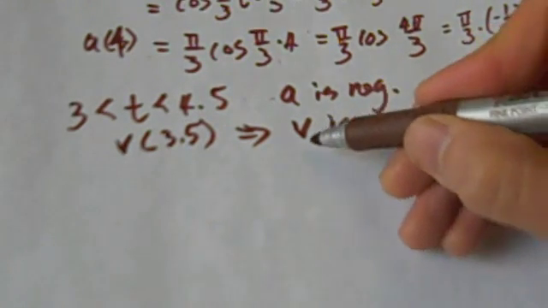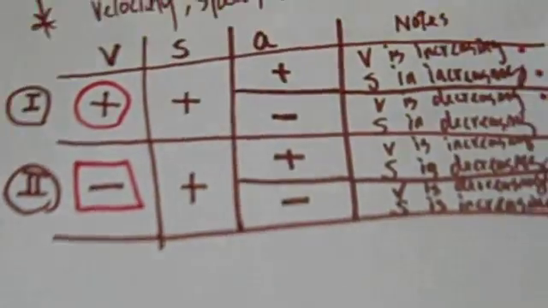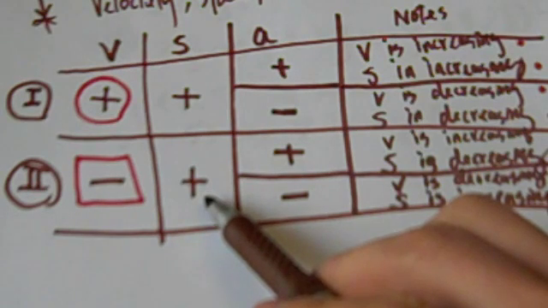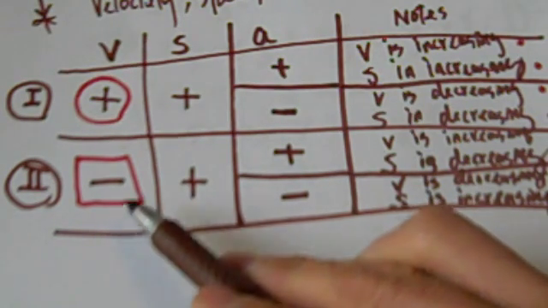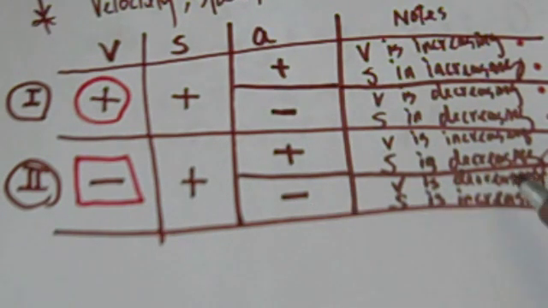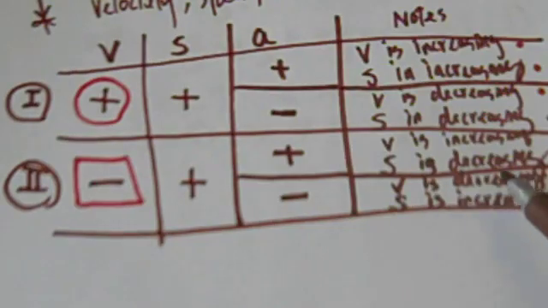Now, if a is negative, v is negative, remember the determining factor to start out is velocity. Velocity is negative. Now, speed is always positive. Velocity is negative. Our acceleration is negative. That means velocity will be decreasing, and speed will be increasing.